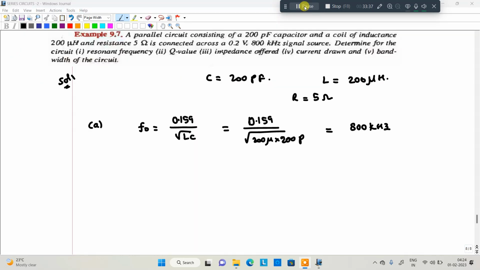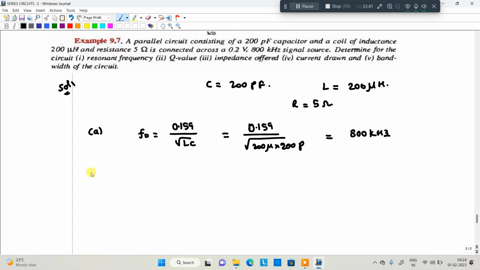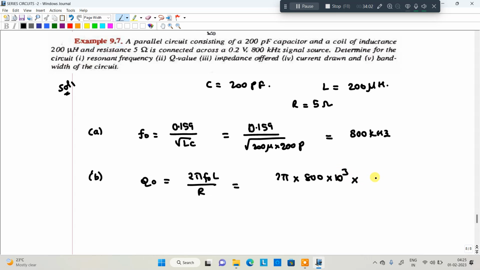So 800 kilohertz. Next one is the quality factor, Q value. Quality factor Q naught is equal to 2 pi F naught into L by R. I already gave that formula. So 2 pi 800, that is kilohertz, 10 power 3, L value 200 into 10 power minus 6, divided by resistance 5.